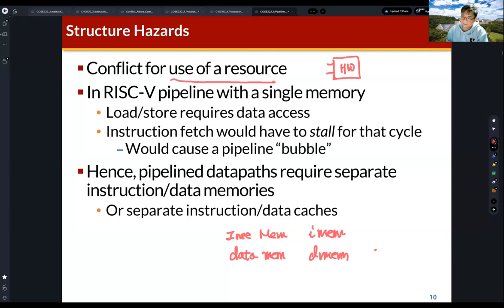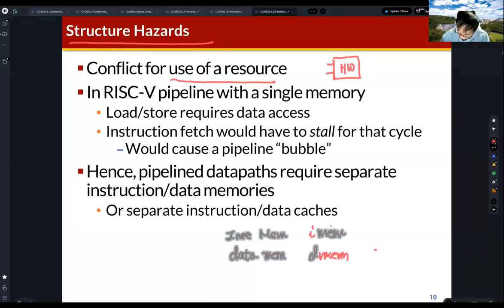Why? Because we want to avoid structure hazard.